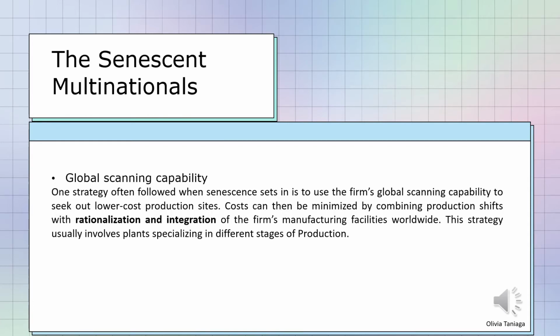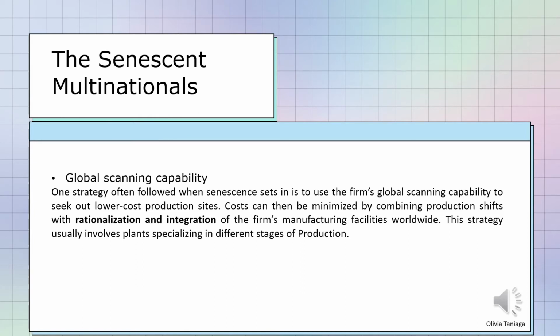The third strategy of the multinational enterprise is the senescence multinationals. In the senescence multinationals, there are principles such as global scanning capability. One strategy often followed when senescence sets in is to use the firm's global scanning capability to seek out lower cost production sites.